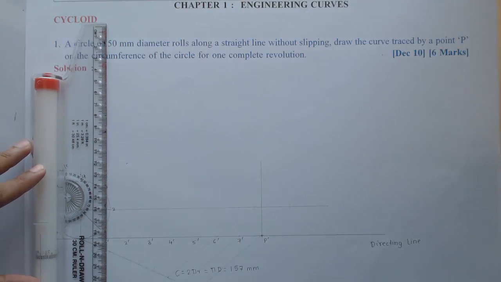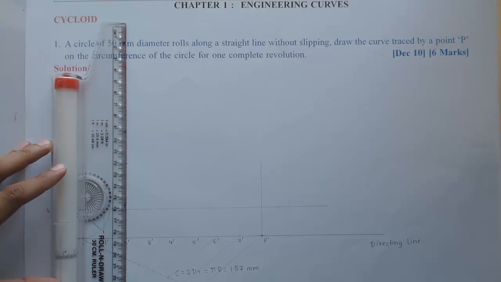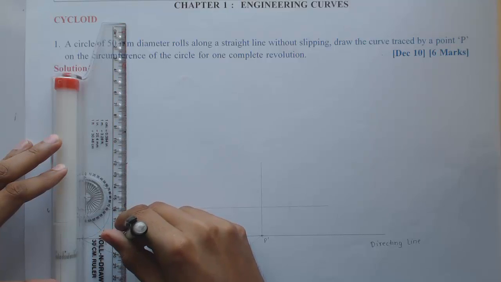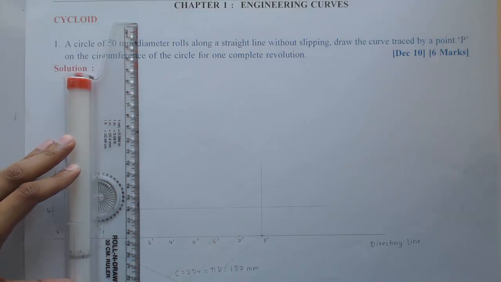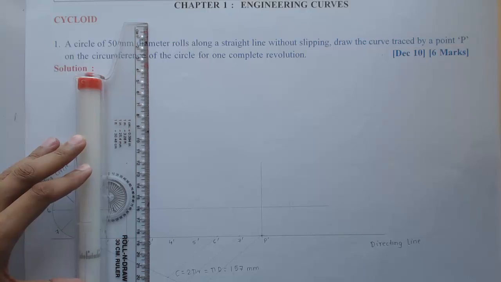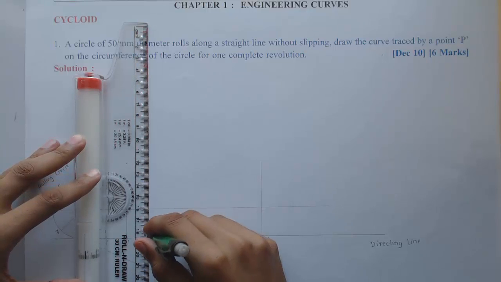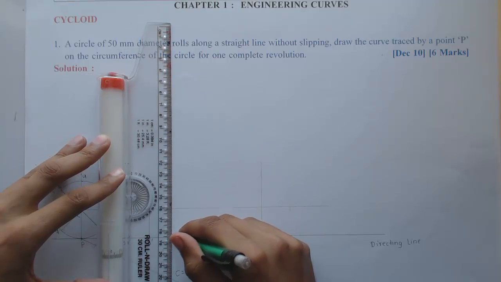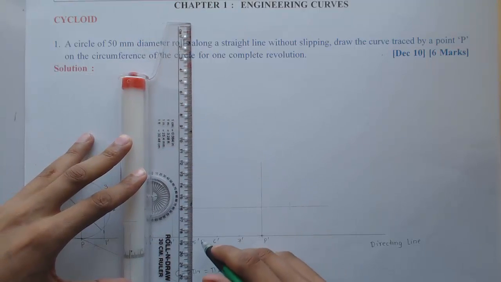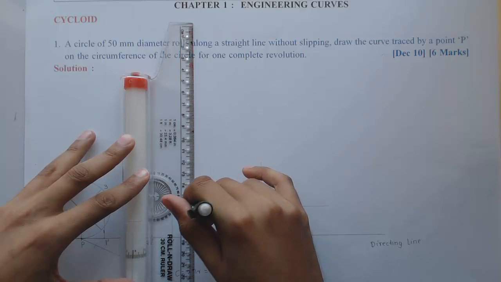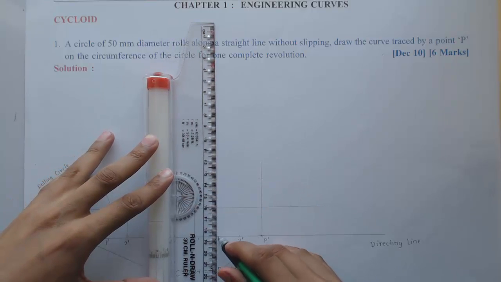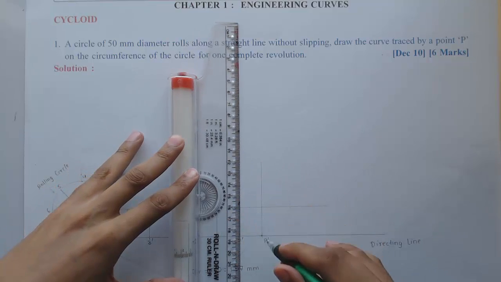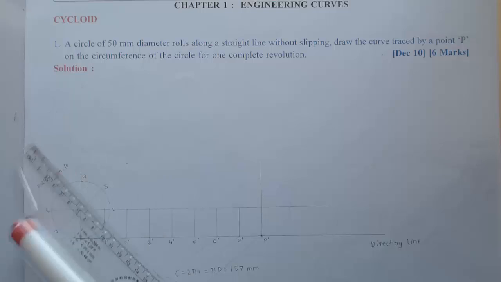Similarly, after covering 2/8 revolution, the center will move to C2, continuing up to P dash. So 3 dash, 4 dash, 5 dash, then 6 dash, 7 dash, and P dash is already marked.